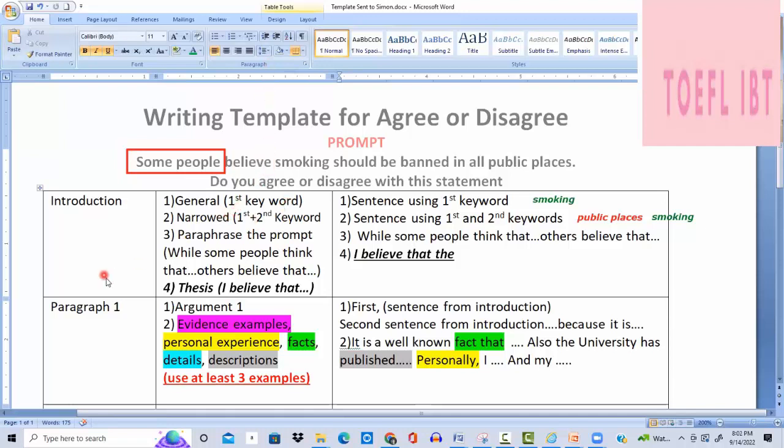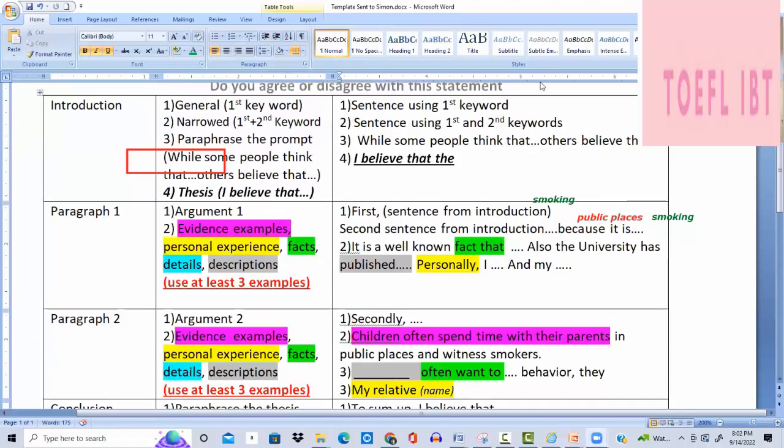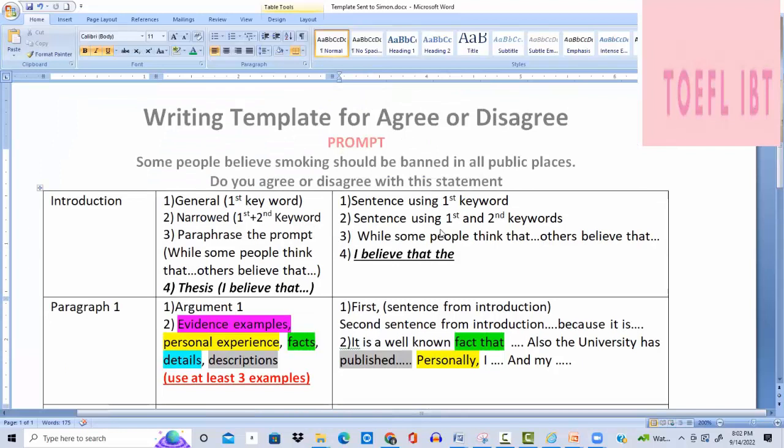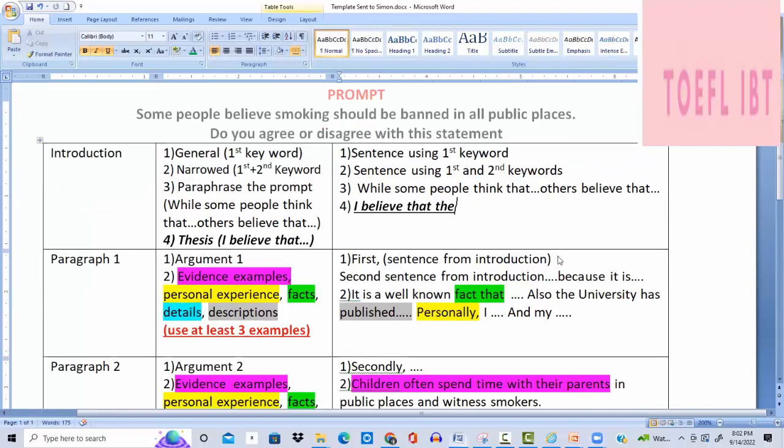Now we're going to look at paragraph 1. I'm going to clear this. When we're looking at paragraph 1, the first thing we have to have is our argument. What is my argument? Well, your argument is going to come from your first sentence that you had up here that had smoking. So you're going to write a sentence, and let's say, can you give me a sentence?